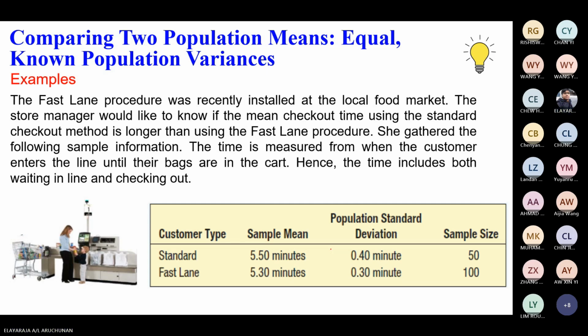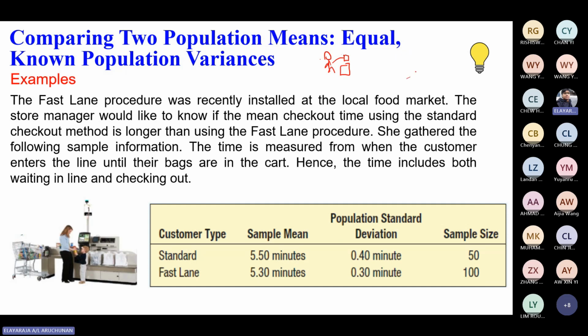Given that a fast lane procedure was recently installed in a local food market. Remember, whenever you go to the supermarket, there is the regular line at the payment counter where you pay money. One is the regular line, and another is a faster line.